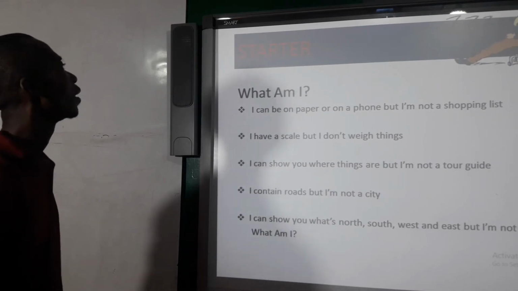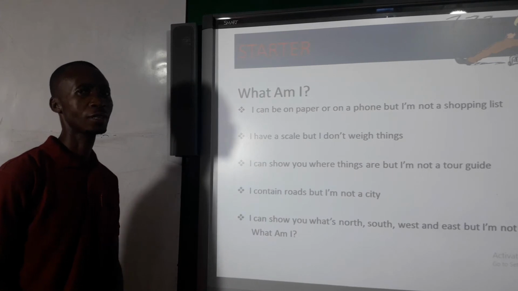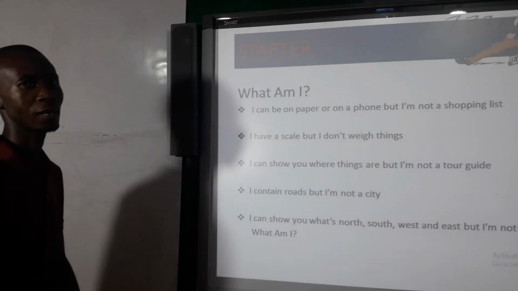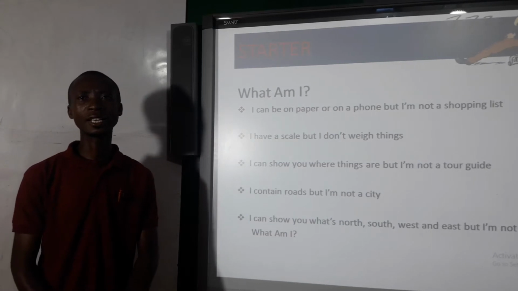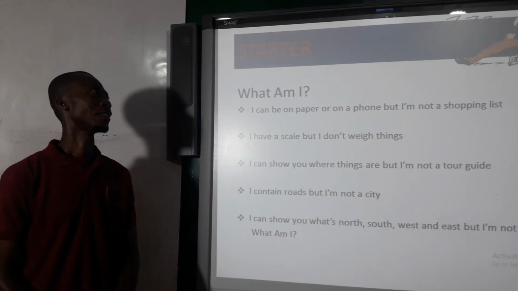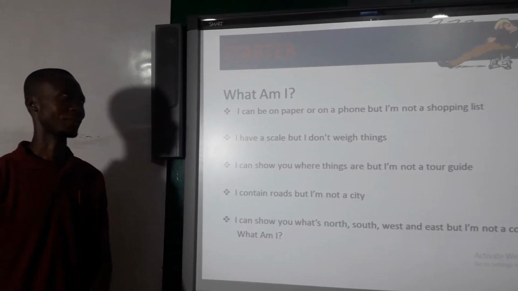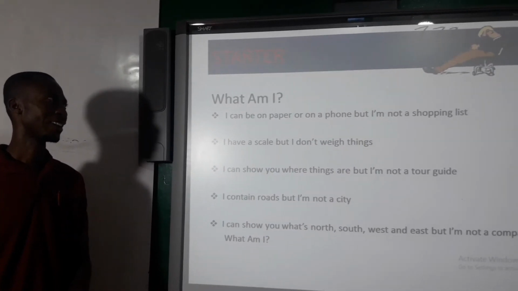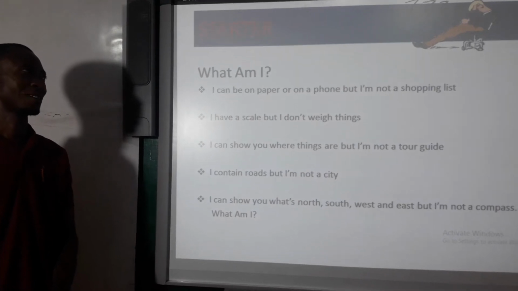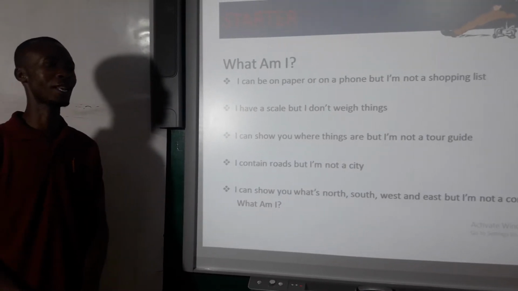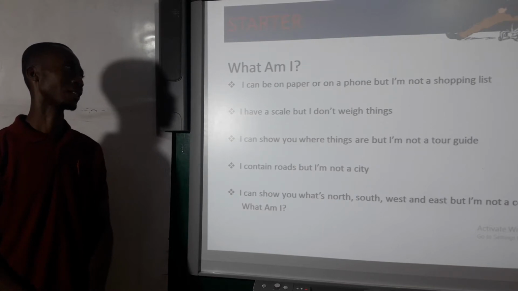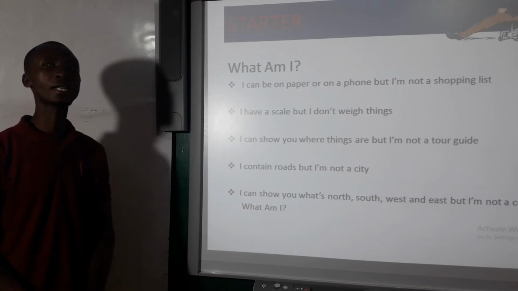Let us refresh our minds with the riddle on the screen. What am I? I can be on a paper or on a phone, but I'm not a shopping list. I have a scale, but I don't weigh things.